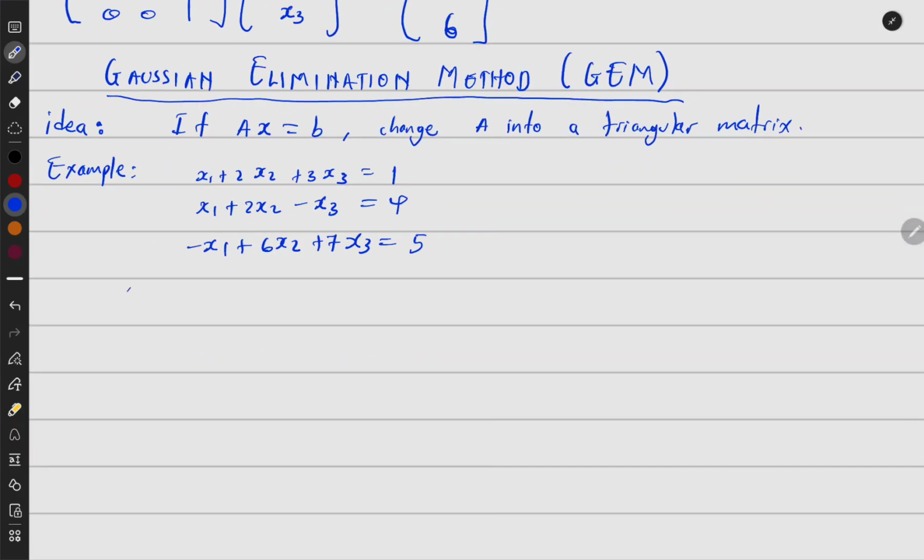I can generate my A, which is 1, 2, 3, 1, 2, minus 1, minus 1, 6, 7.